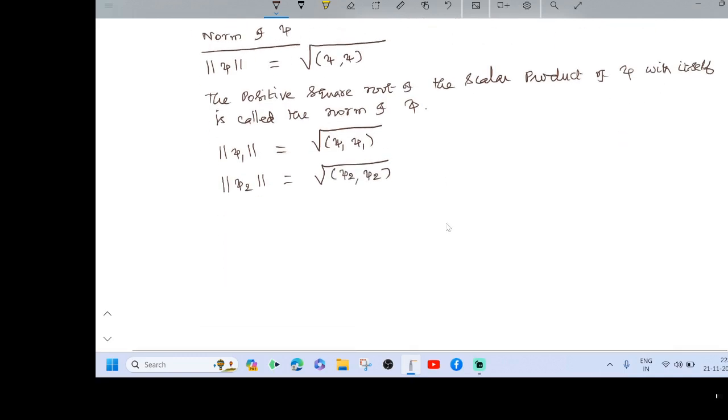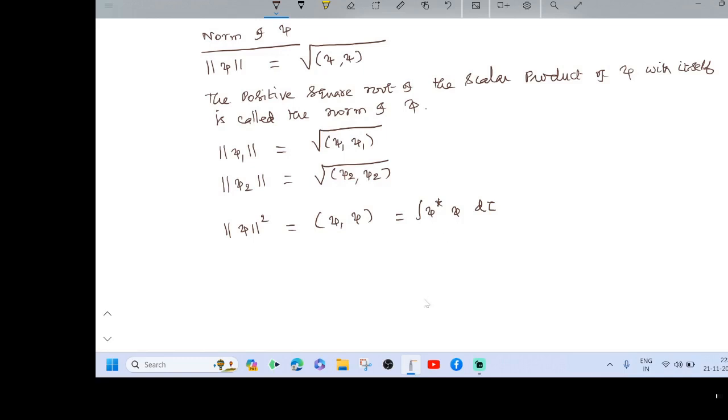Now, the norm square of psi is equal to the scalar product of psi with itself. The root is cancelled out. This is equal to the integral of psi star psi into d tau. If the norm of psi equals 1, then the wave function is said to be normalized. If the norm value is unity, the wave function is said to be normalized.